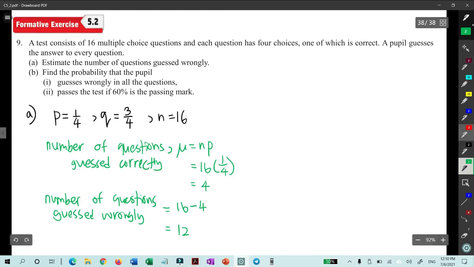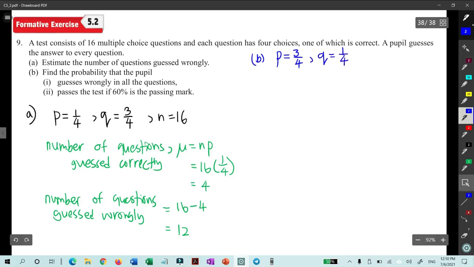Next, for section B, find the probability that a pupil guesses wrongly in all the questions. Since they are talking about guessing the question wrongly, we switch the p. P we change to 3 over 4, and q equals 1 over 4.